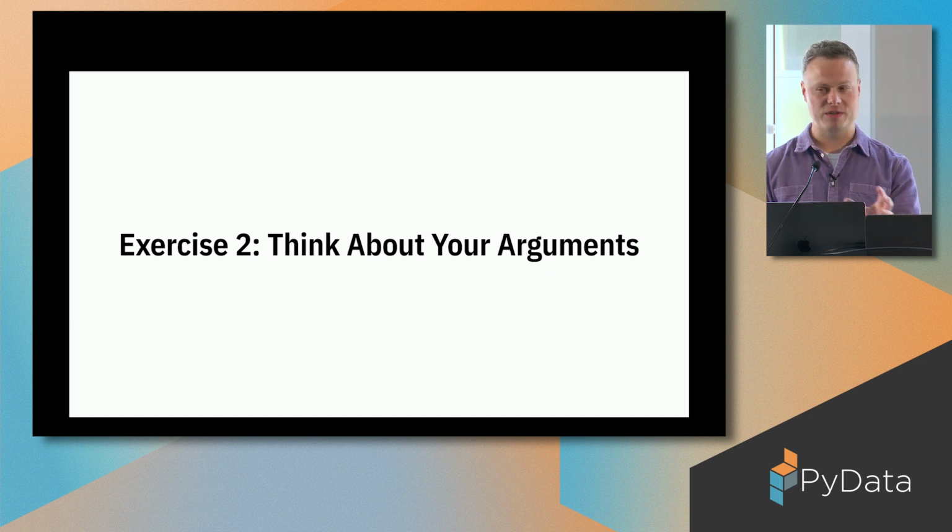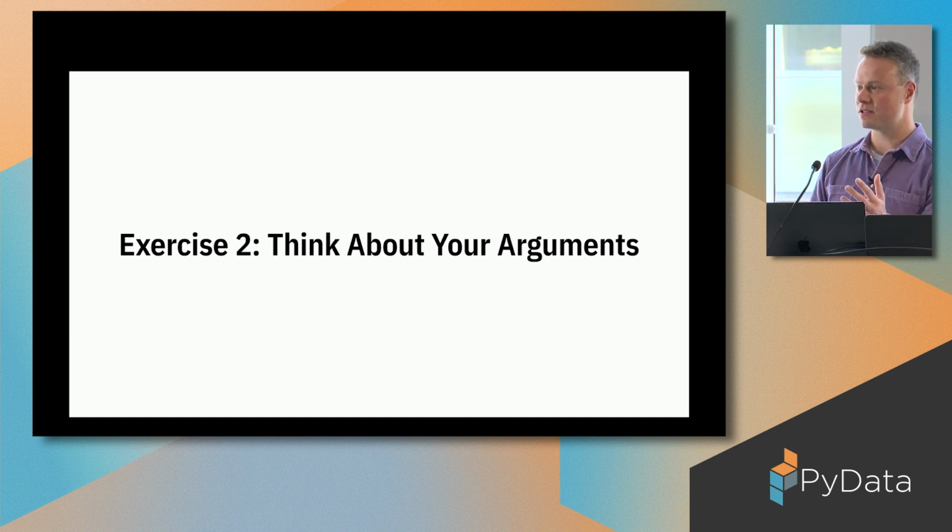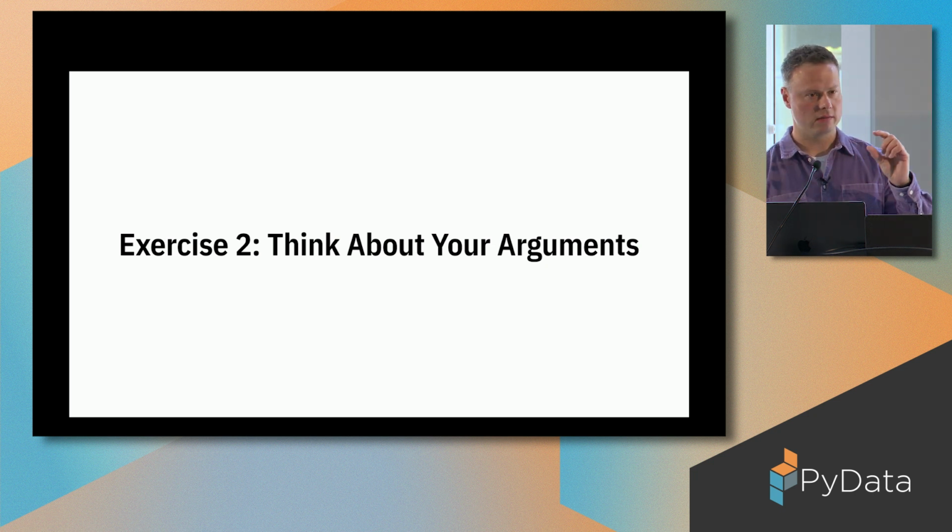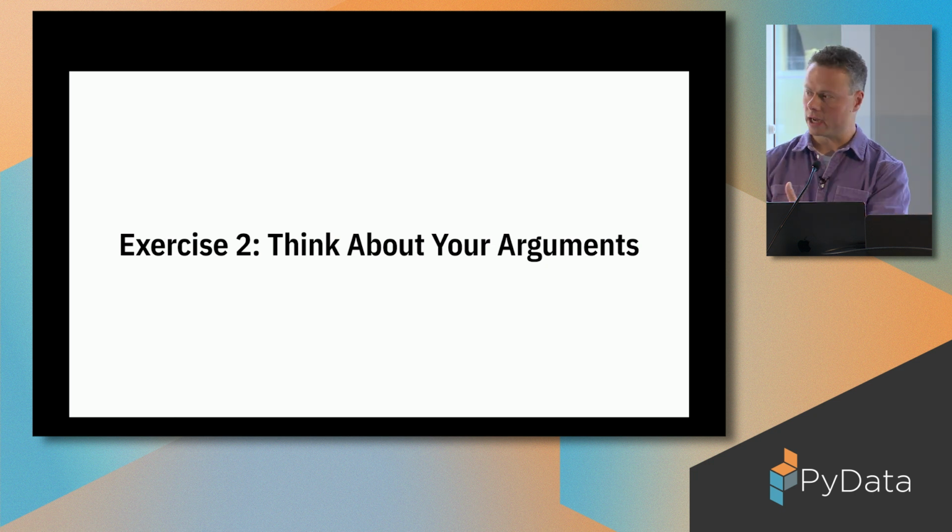I want you to think about the arguments that your next command line tool will get. What is their purpose? Do they change a setting that is crucial? Are they required, or are they actually optional? Do you want to control the amount of logging that your tool is going to produce?